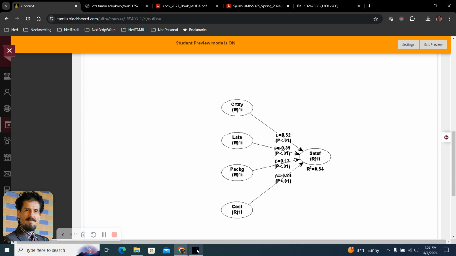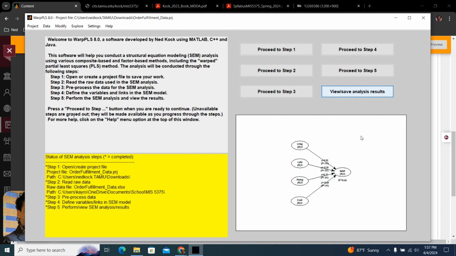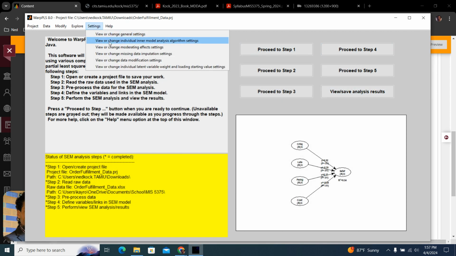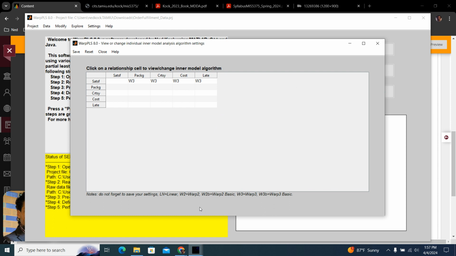So I opened the project file submitted by Kayla, and I was taking a look at the settings, and I noticed that the general settings are as expected. But when you look at the individual inner model analysis algorithm settings, we see that they were all set as nonlinear. My guess is that Kayla was playing with this and forgot to reset them back to linear.